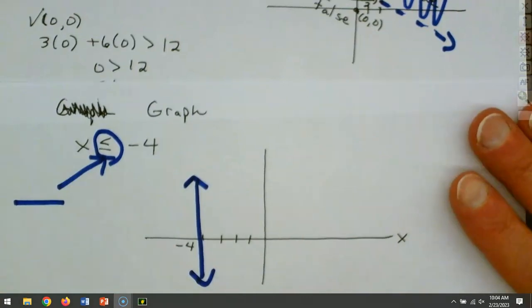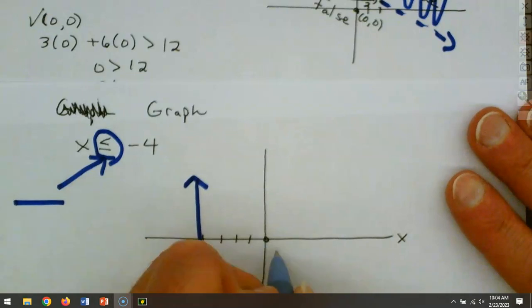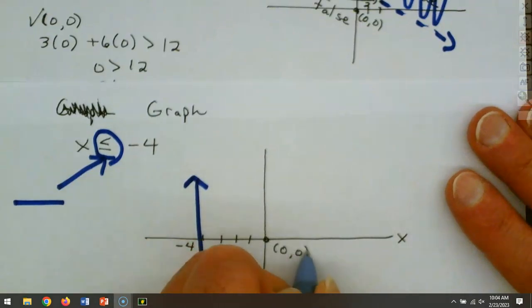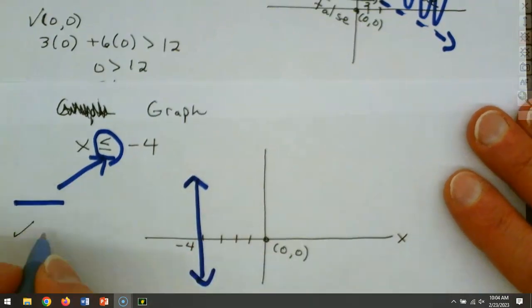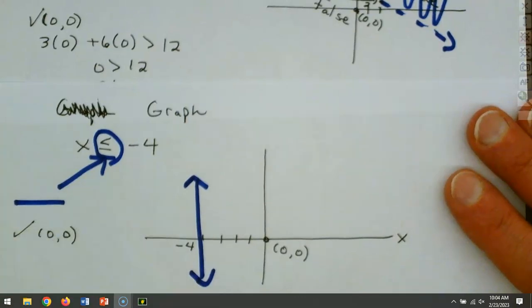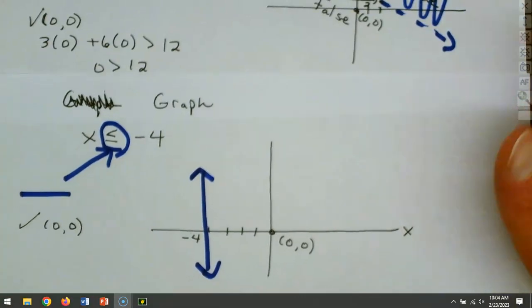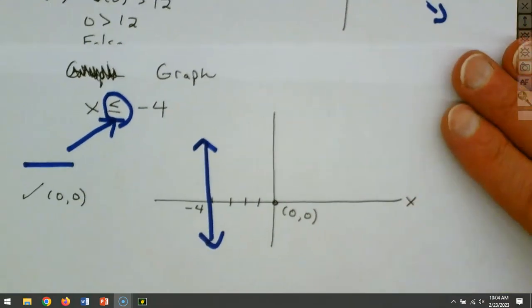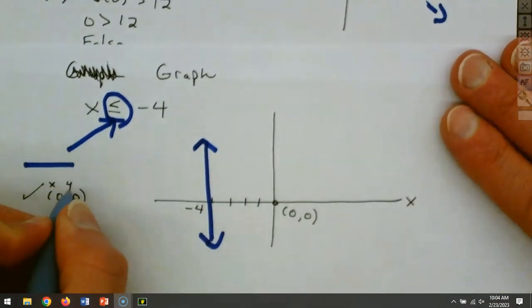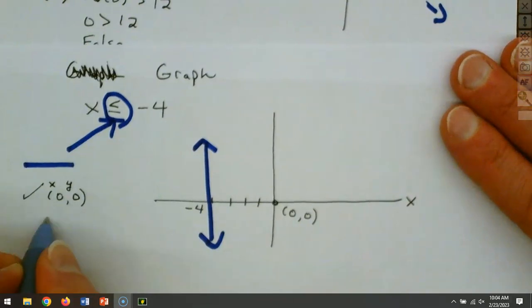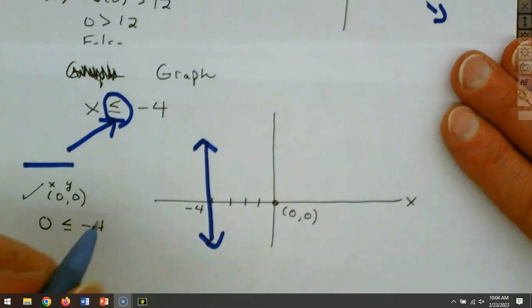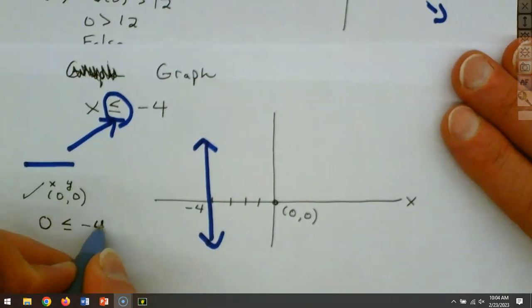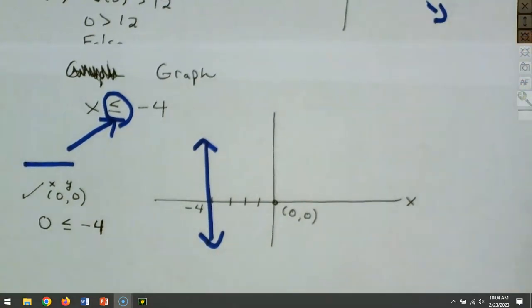And where do we start at? Well, we check that 0, 0, which is right here. We're going to check that 0, 0 out. Now, the only part we need to check is the x part. All right, so we're going to plug in 0 for the x part. That's our x and that's our y. And then we see if this is true or false. And is 0 smaller than a negative 4?